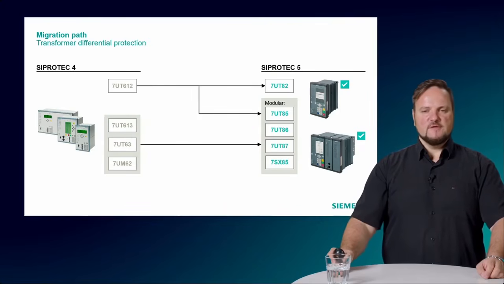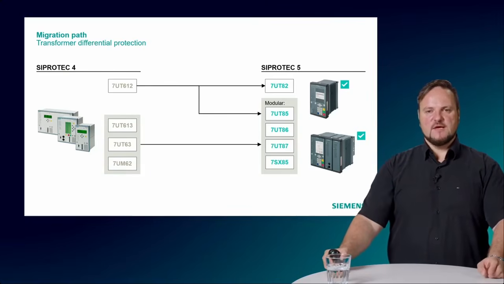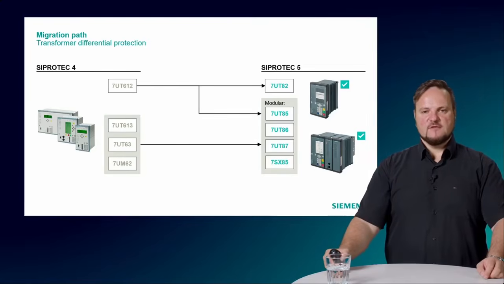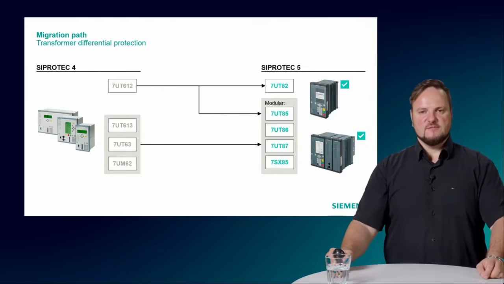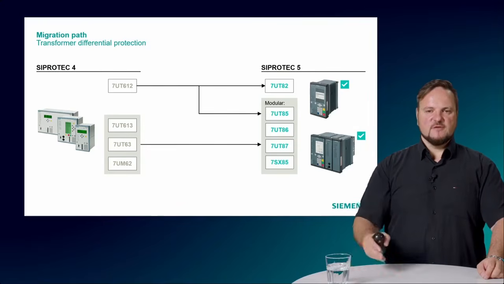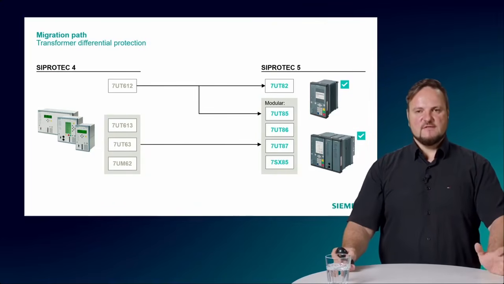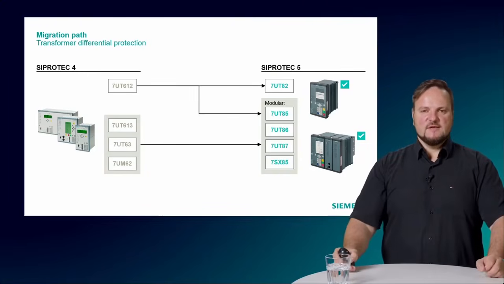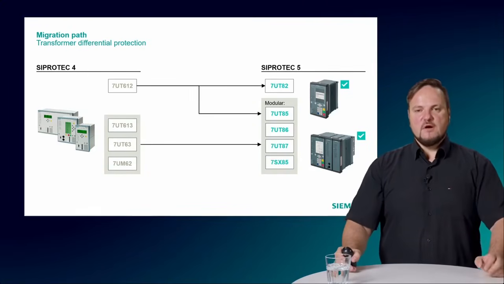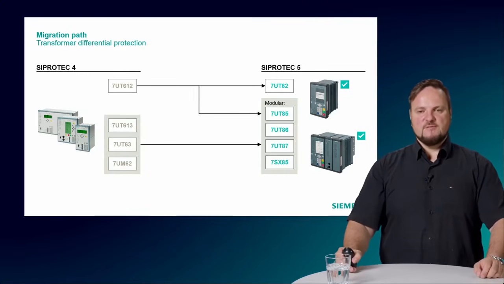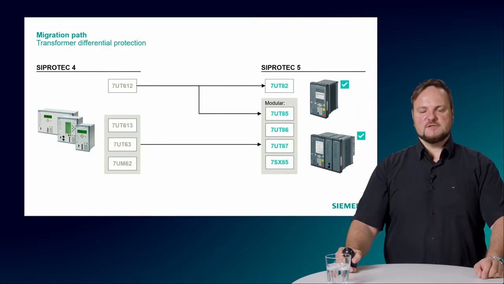But of course, if you need more binary inputs and outputs and voltages, then you can step over to the modular series 7UT 85. And the rest goes to the modular series, meaning 7UT 85, 86 and 87. And last but not least, I would like to mention here the 7SX 85, which is also available. The 7SX 85 stands for our universal protection device. So this device can fulfill all the protection applications you want.